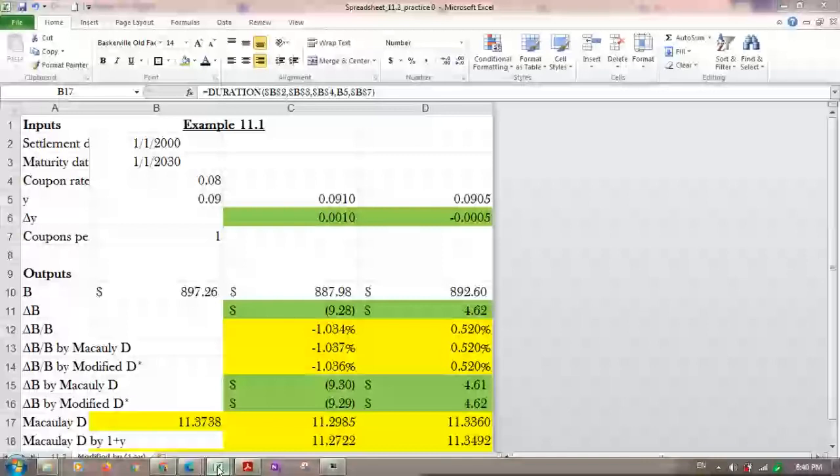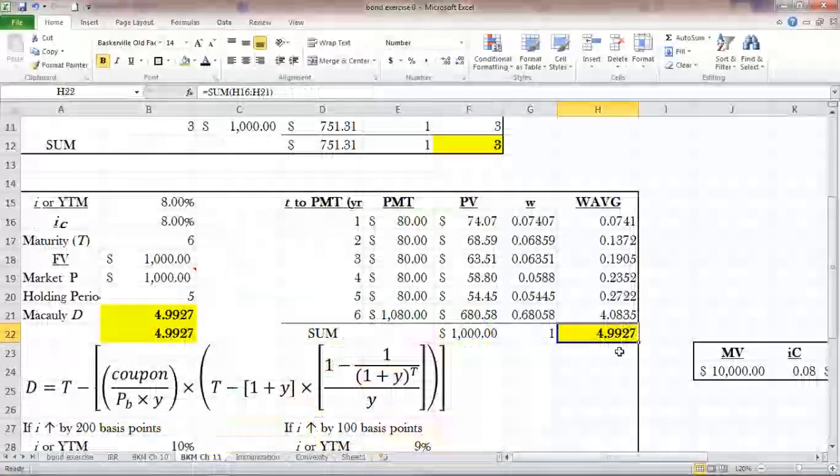So here, the duration of our bond is 4.99, right? And the duration of our payment obligation is also 4.99, right? So that is duration matching.